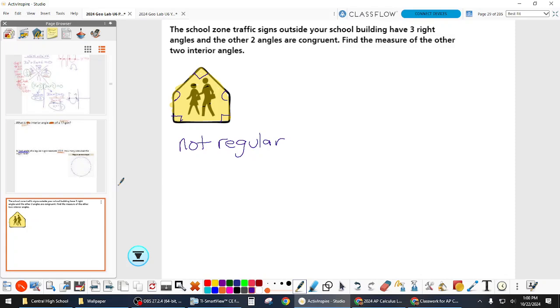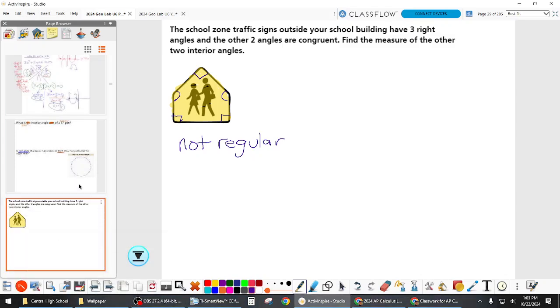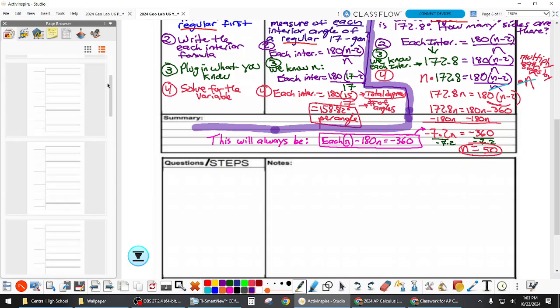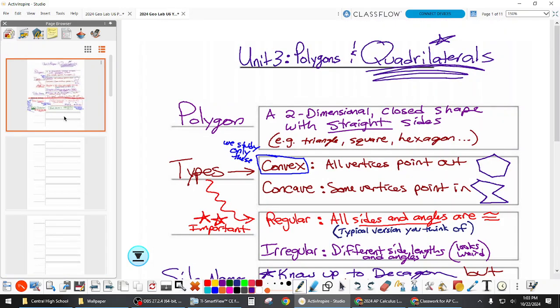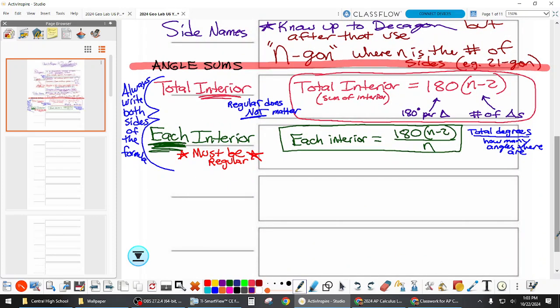Give it a shot. I want you to think through this. Remember that this whole process is using the total degrees in the figure, no matter which way you do it. Time to work on that sheet. All right. First, we need to look at our equations, unless you have it memorized, that would be awesome. So which of these might we need?